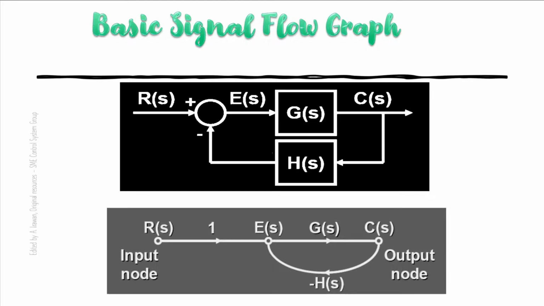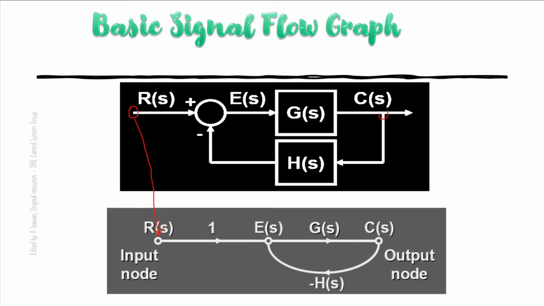How we are going to do it is that we identify the input first. This input we represent as one node here. And the output we always represent as C(s).